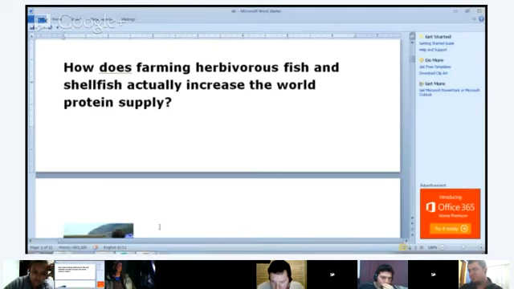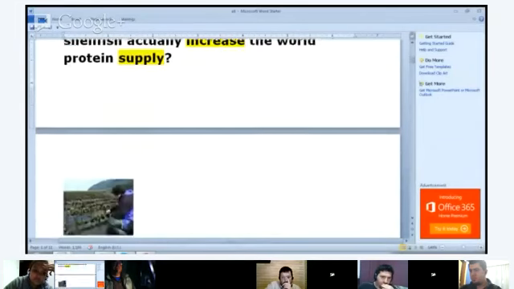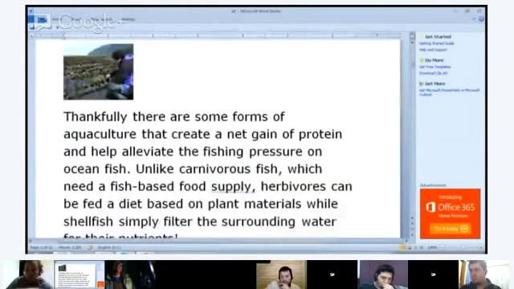Good. And what we're talking about is to increase, to have more of, the protein supply. So here are some shellfish being grown.